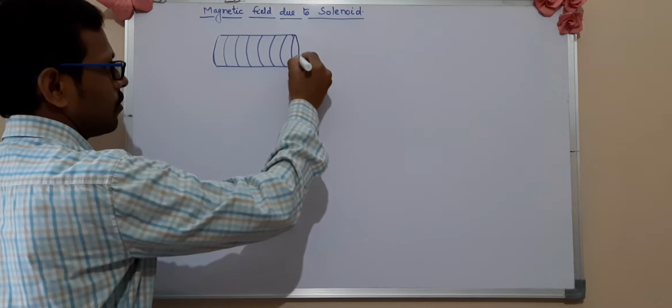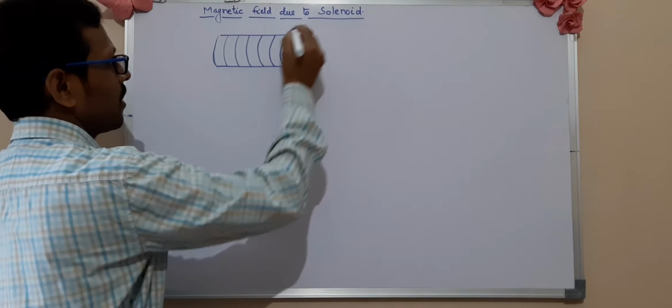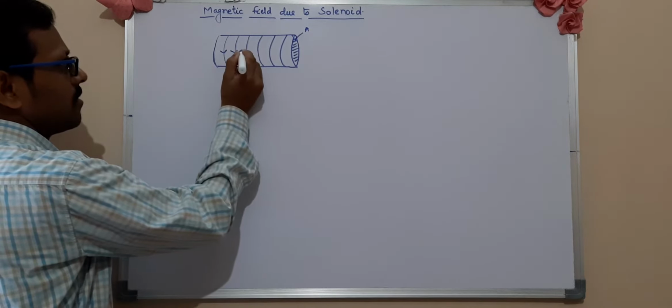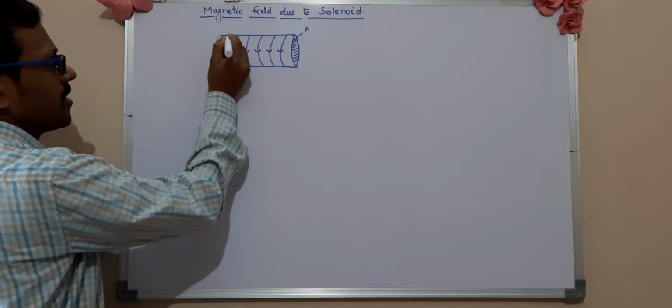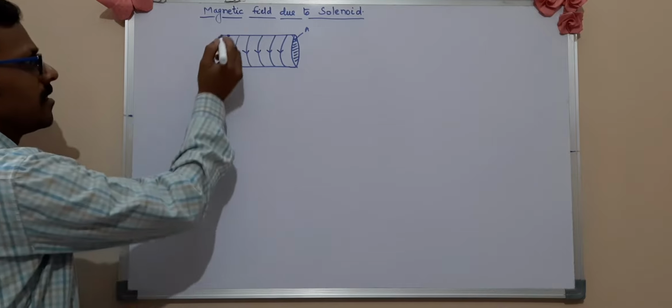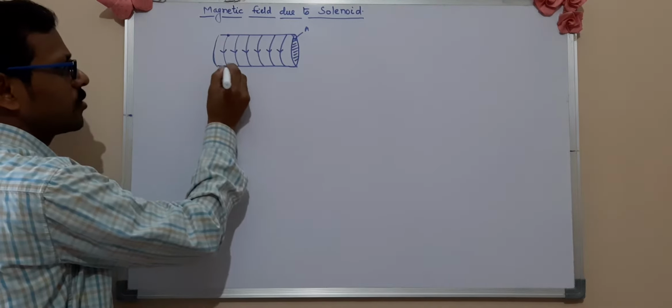Okay, so this is the solenoid and this is the area of cross section. Let the current be flowing in the wire. So at this point, current is coming out, and at this point current is going in.